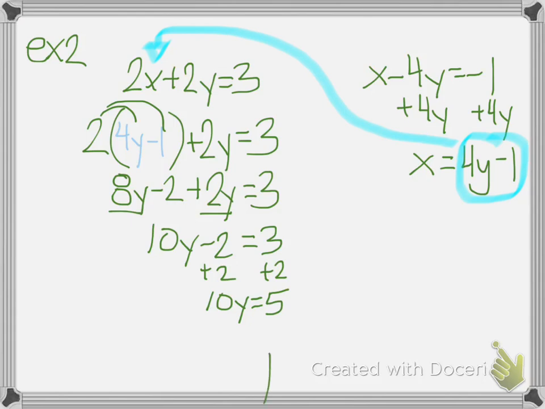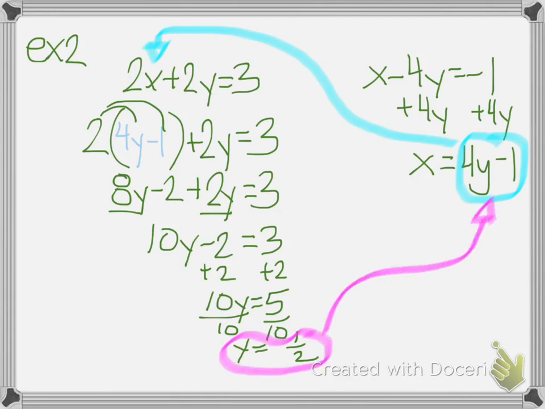10y is equal to 5. When you divide by 10, you find out that y equals 1/2. So if y is all of this, you're going to take that and plug it back into your original equation.